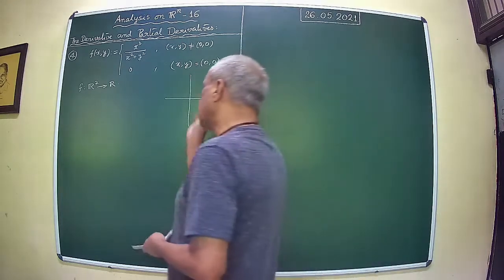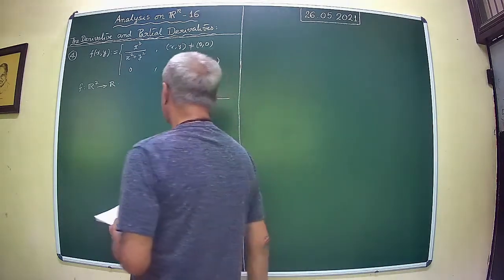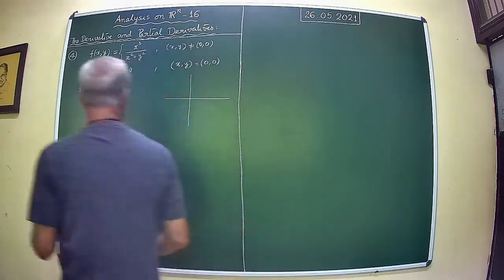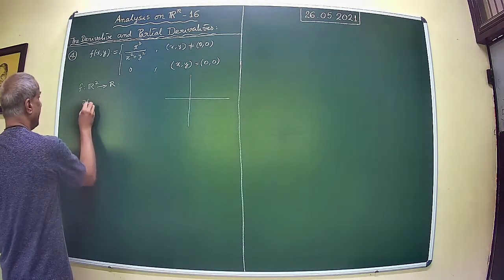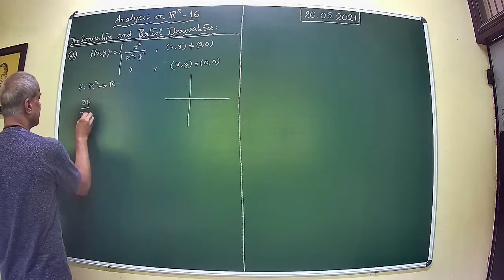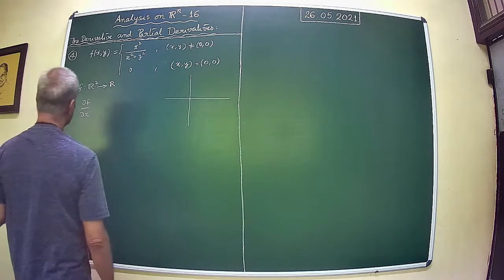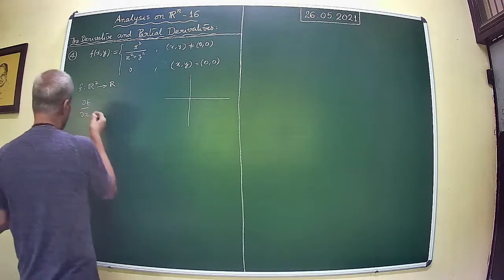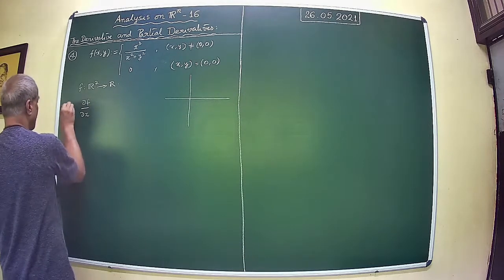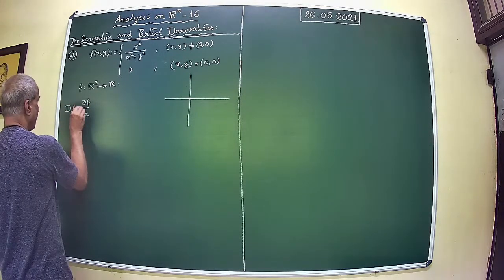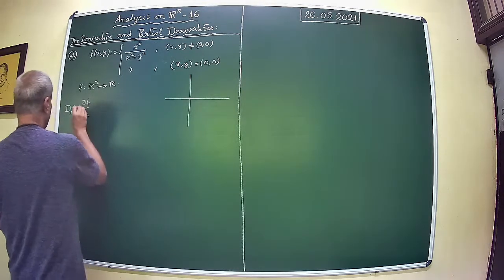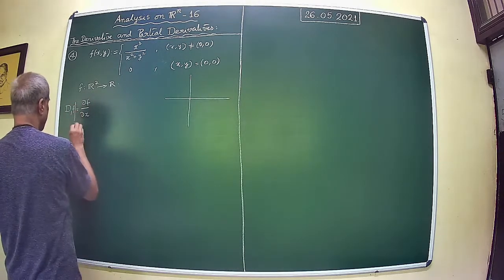Now you see that the partial derivative, that is df by dx, which if you want you can call d1, we are interested in at the point (0, 0).